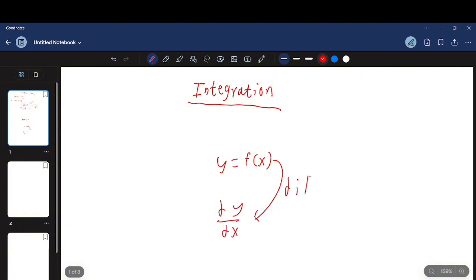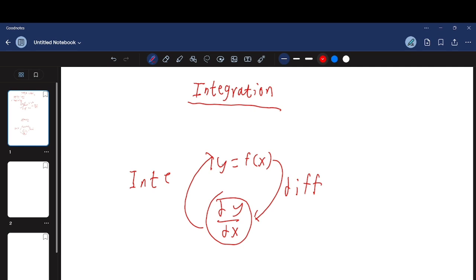This arrow represents differentiation, I'm writing in short form. So if you want to take this equation back to y equals f(x), you need to integrate this equation so that you get y equals f(x). It's the opposite of differentiation. Integration.